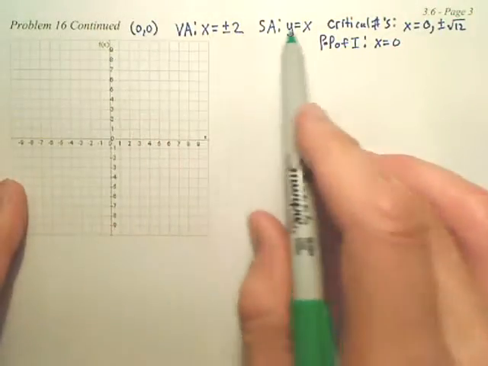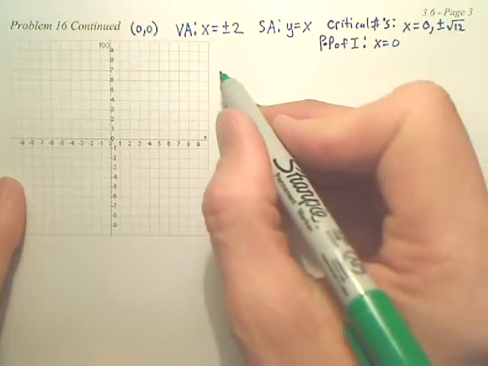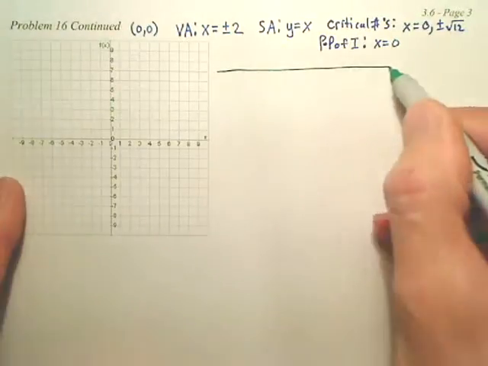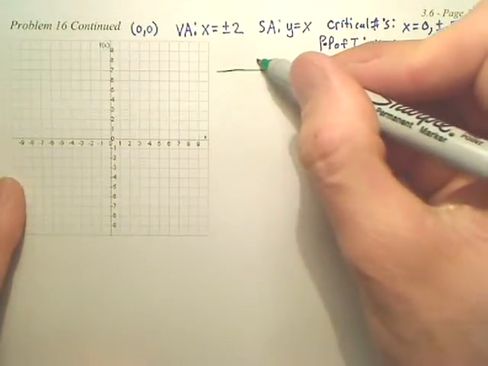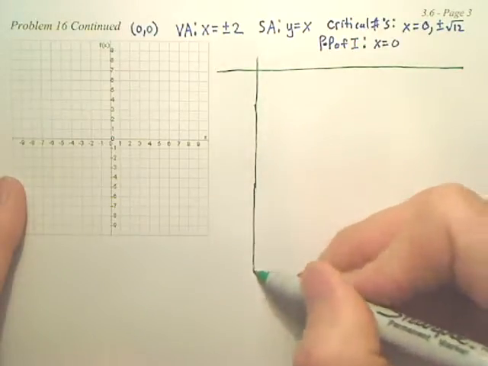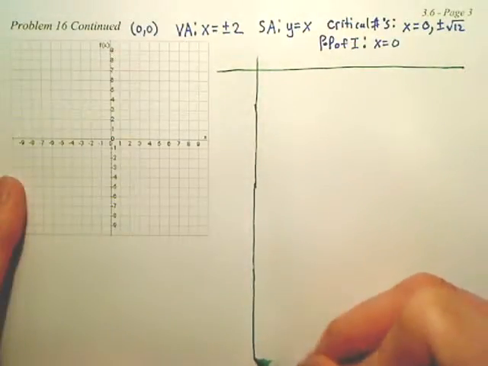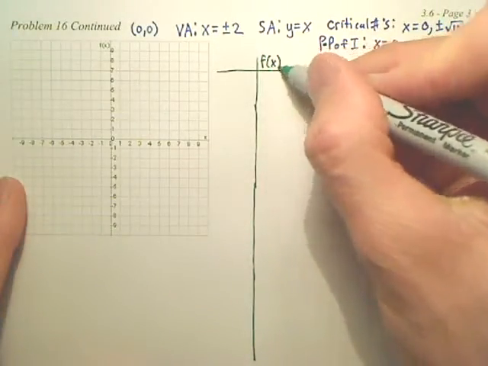Okay, we have all this information. We're going to make a nice huge table here. For the table, when you're sketching, the first part is your intervals. And then the second part is going to be f of x.